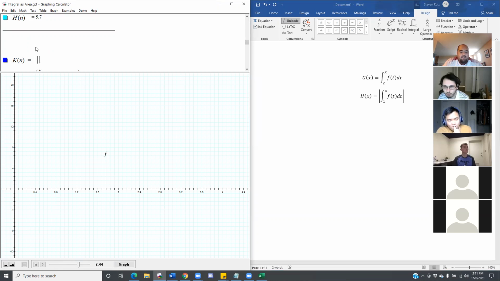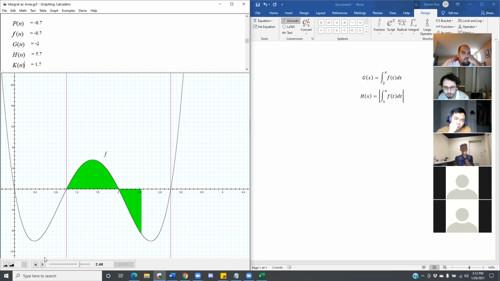This function here, so the absolute value. All right, and let's play this again.